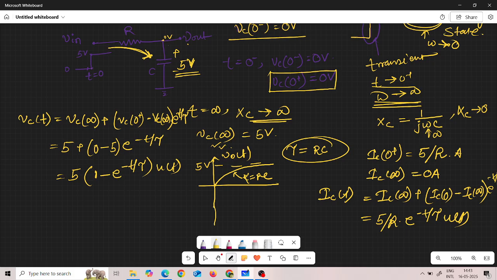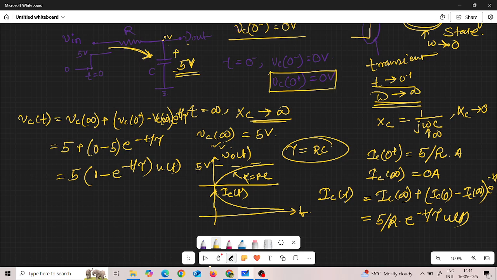And how does the current waveform look? The current will decrease exponentially and the waveform will look like this. So this is actually the response of a simple RC circuit when we apply the step input.